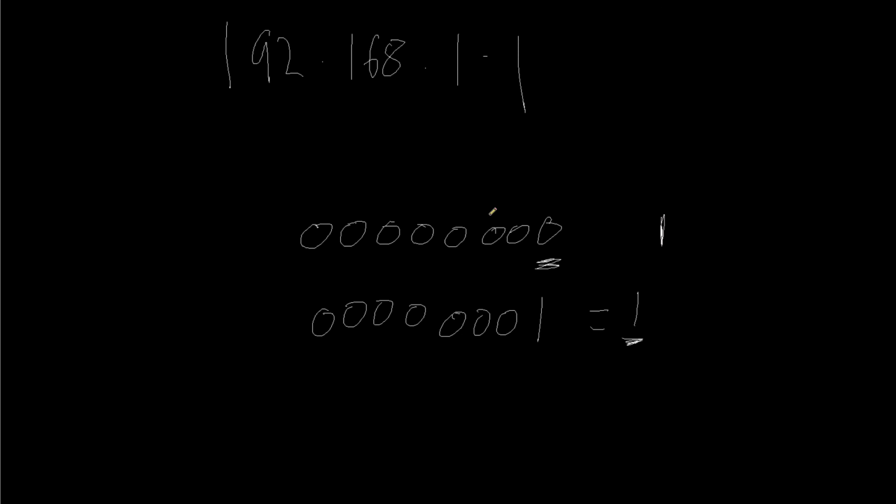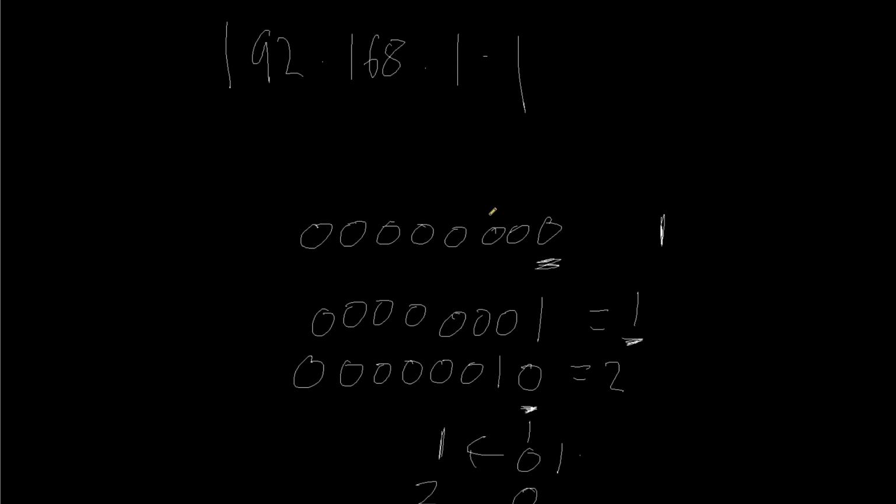However, to get the number 2 out of binary, it would be 0, 0, 0, 0, 0, 0, 1, 0. That would equal 2, because this first digit can either be 0 or 1, but it can only go up to 1. So after this, when it goes across, that 1 will now be 2, and obviously that will be 0.